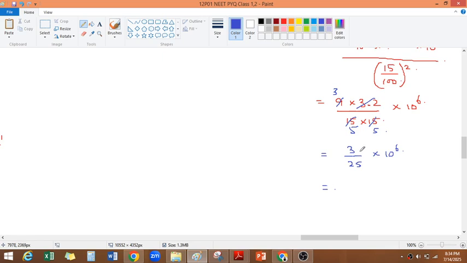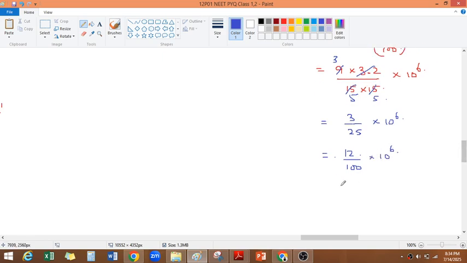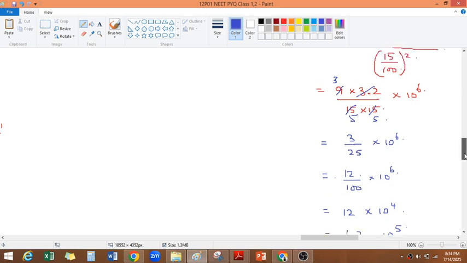If I multiply by 4, it will become 12 in the top. This will become 100 in the bottom. So that means it will be 12 into 10 power 4, which is 1.2 into 10 power 5. So that should be my answer.